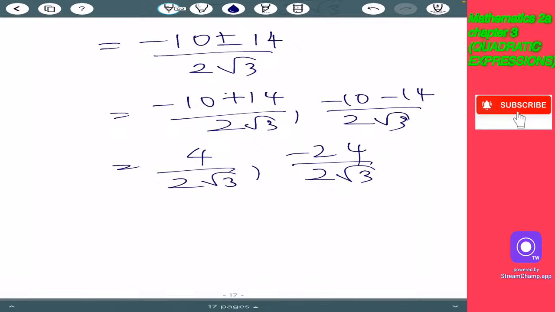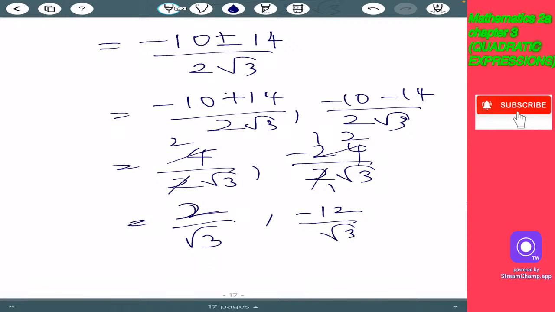If you divide it, 2 ones are 2, 2 twelves are 24, you'll get 2 divided by root 3 and minus 12 divided by root 3. Over here if you cancel, you'll get 4 under root 3, since 4 3s are 12.